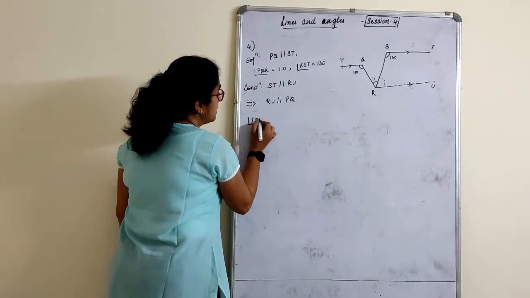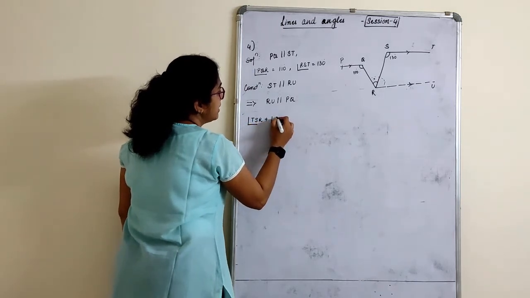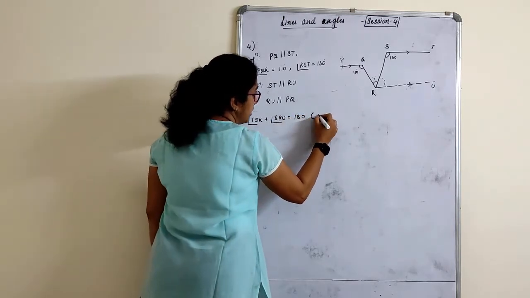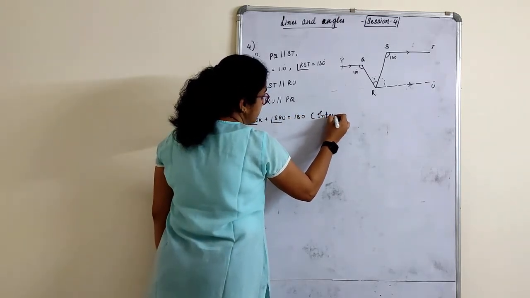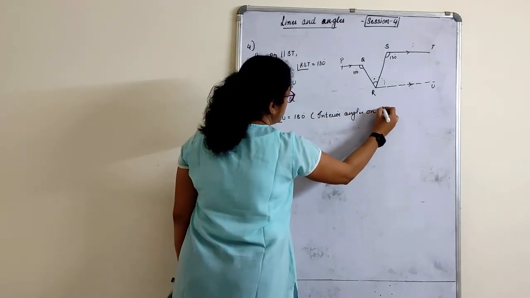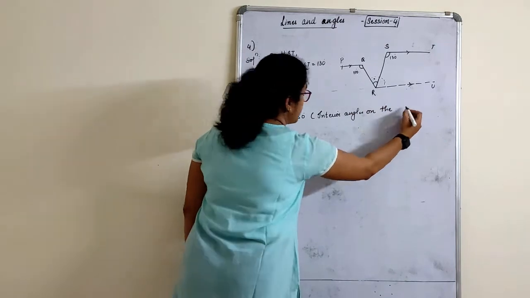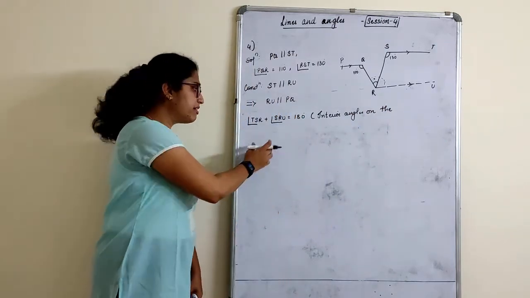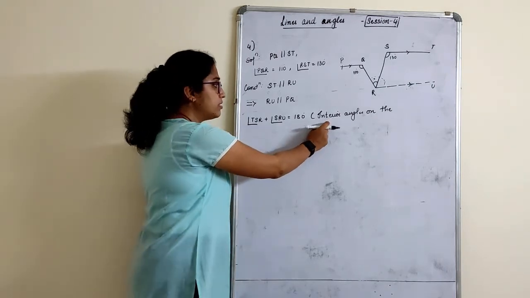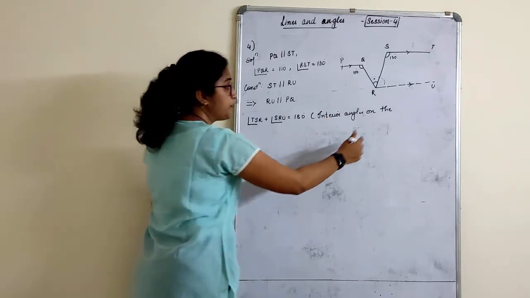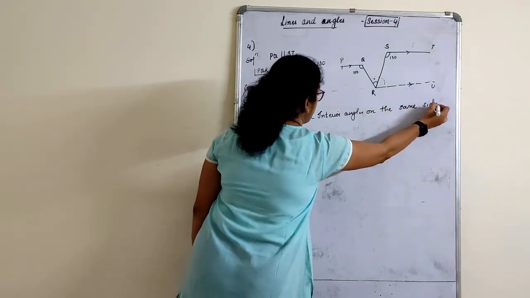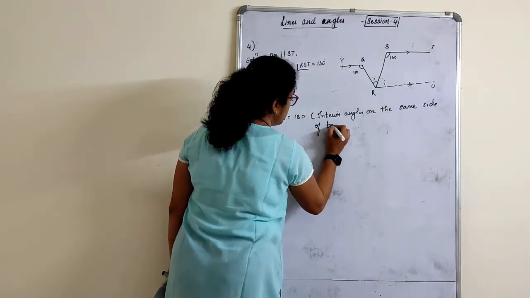Angle TSR plus angle SRU is equal to 180. Reason: interior angles on the same side of the transversal are supplementary, which is 180. If you just write this equals 180, even if you give the correct answer, according to me it is wrong, because without the reason this will not stand.